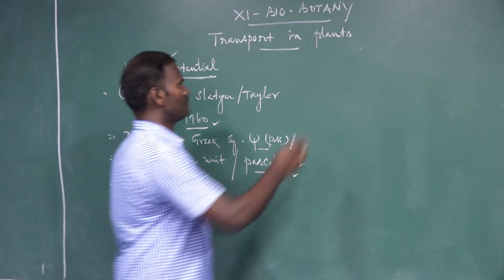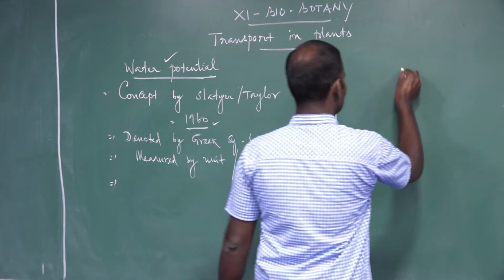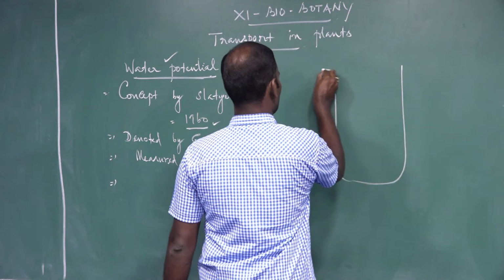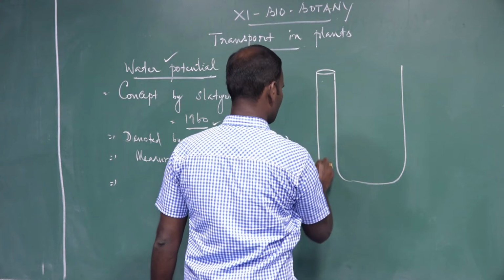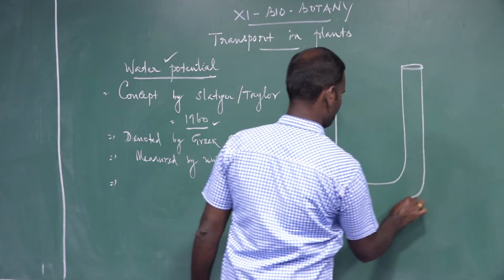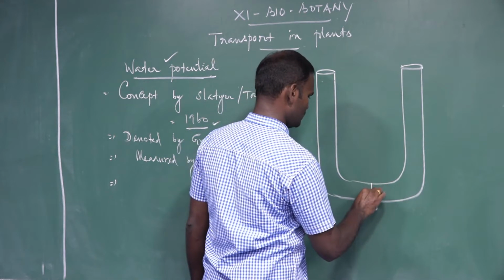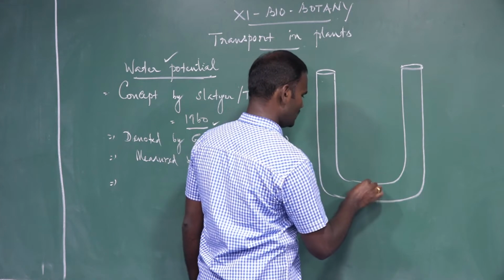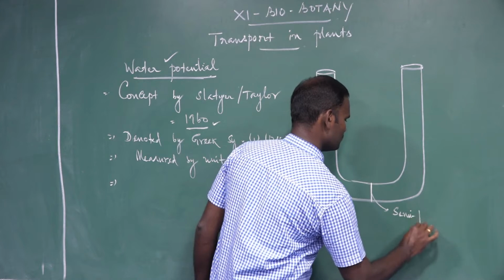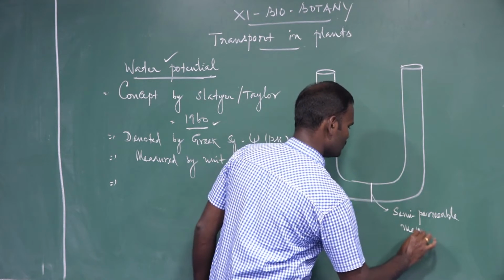Take an example, it's easier to understand. It is a U-shaped tube. The two arms are separated by a semi-permeable membrane.